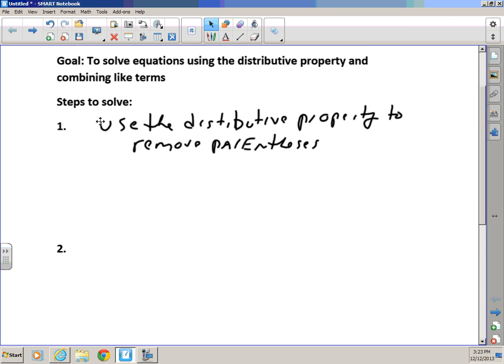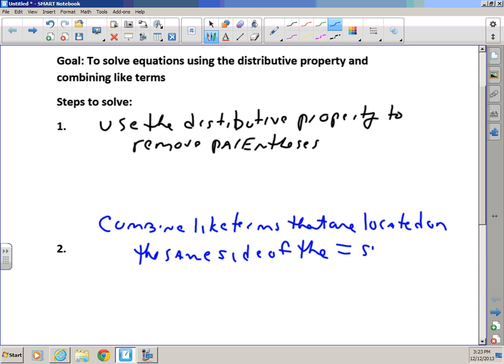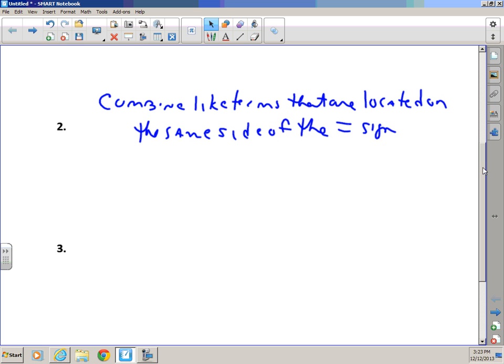Then we are going to combine like terms that are located on the same side of the equal sign, which is part of the reason why some teachers will tell you to draw that line down, because that will tell you how to separate.